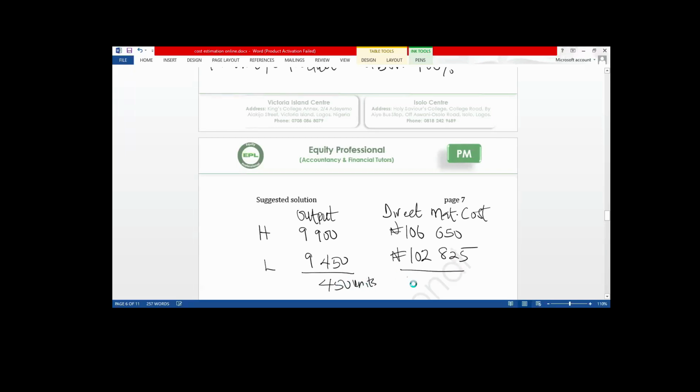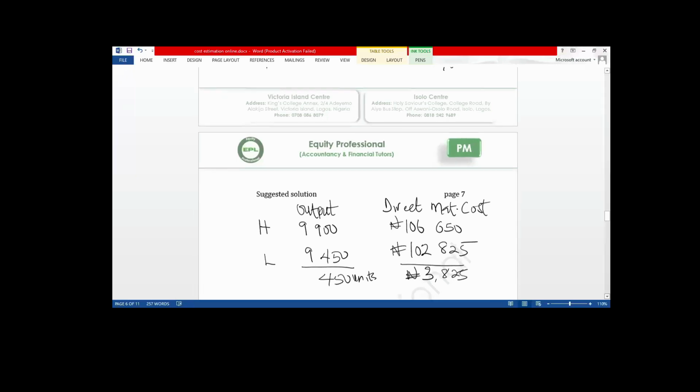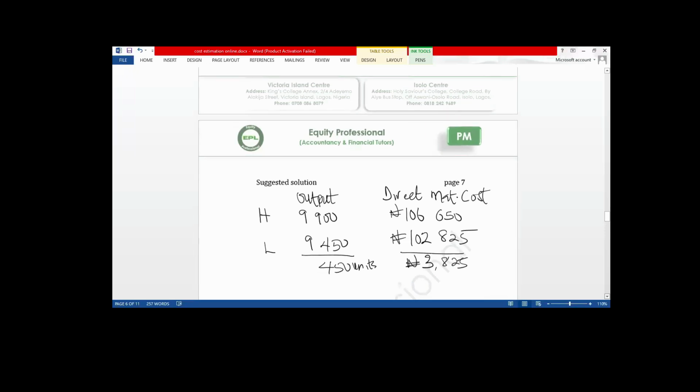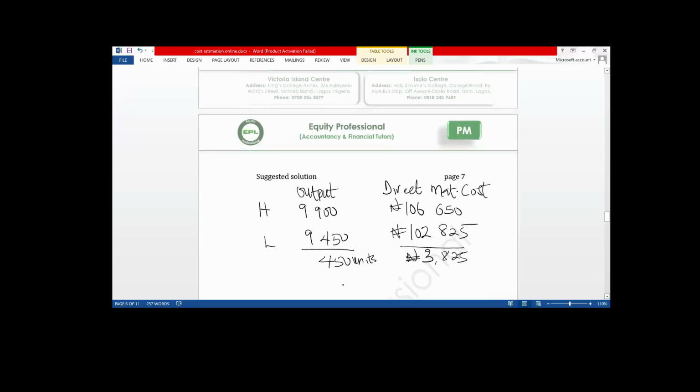Difference here, how much? 3,825. Now get the variable material cost per unit at above 100%.